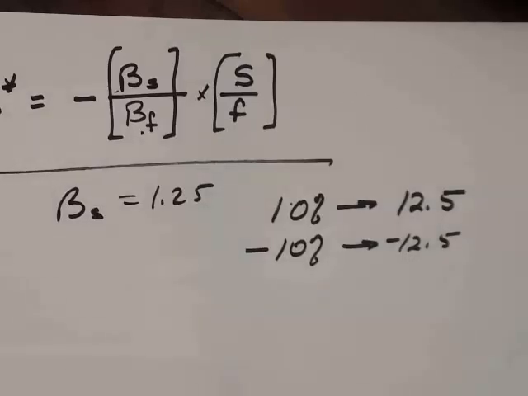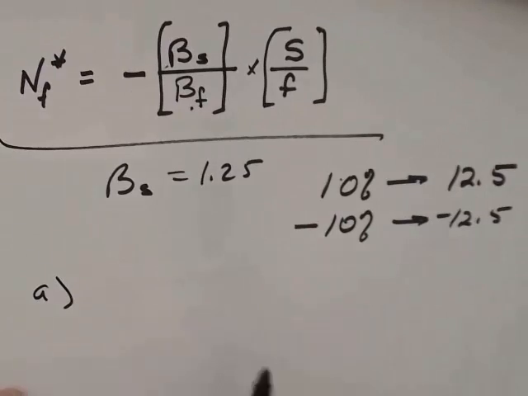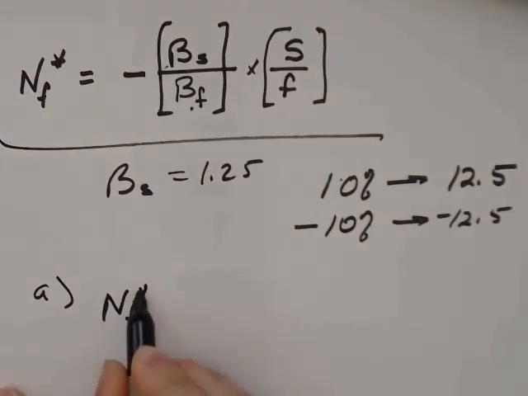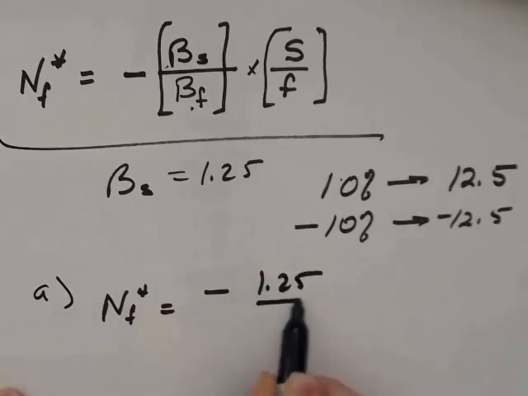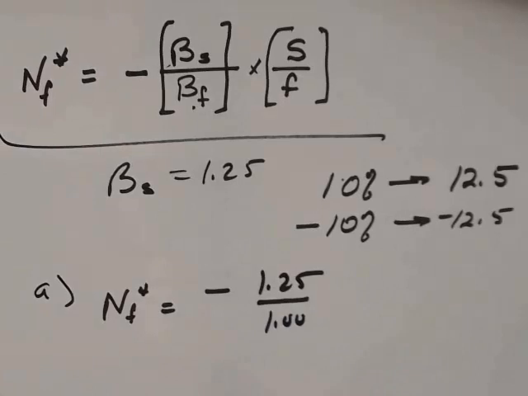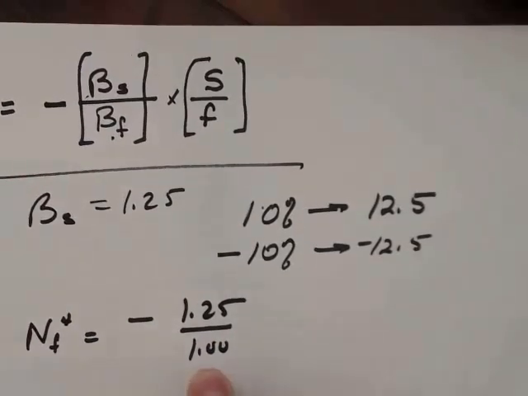Okay, so now the first question is, before we go further, the contract size is 250 for the S&P. And the first question is, how many futures contracts will you need? We will need an F star equals minus 1.25 with the beta of our stock portfolio. The S&P has a beta of 1 by definition because it represents the market.